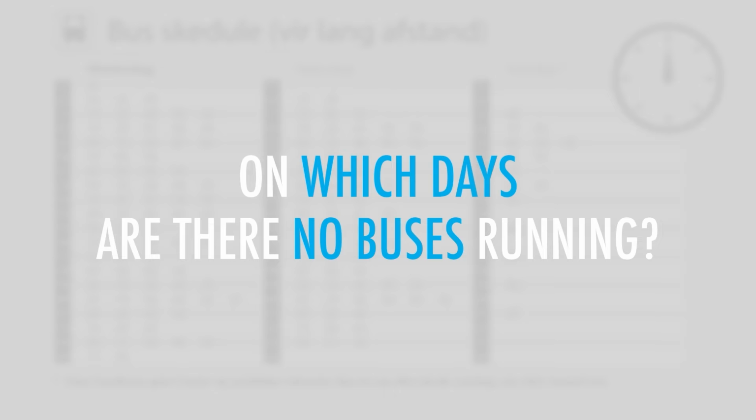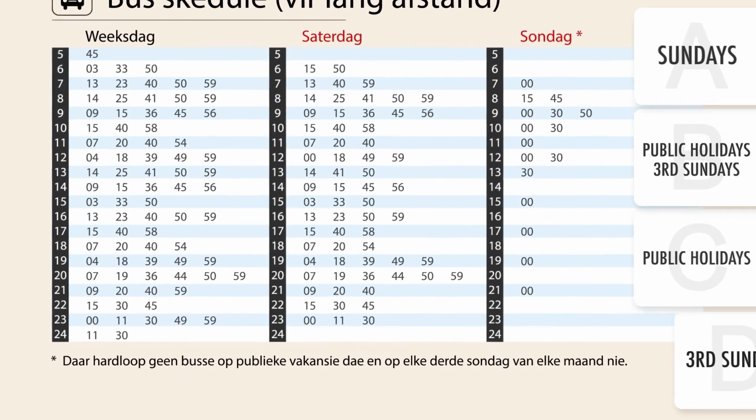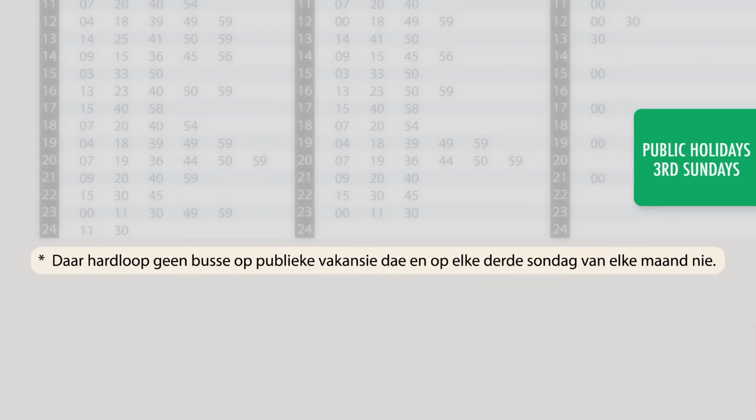On which days are there no buses running? There are no buses running on public holidays and the third Sunday of every month. Publieke vakansiedae, derde Sondag van elke maand.